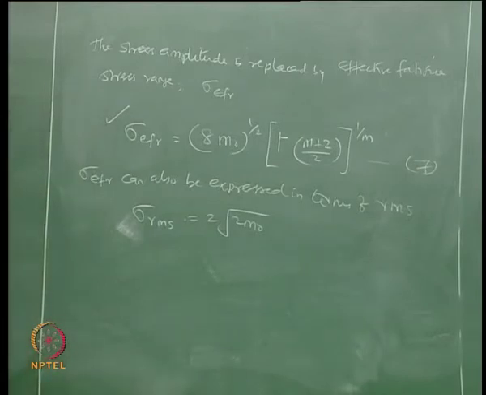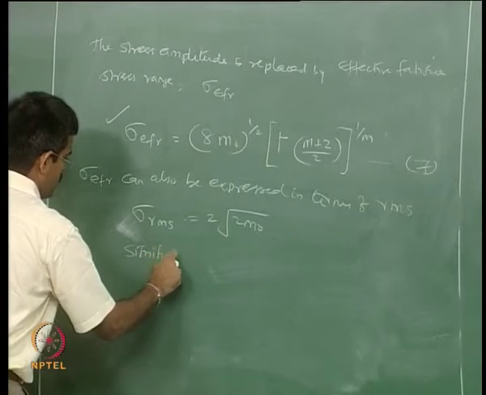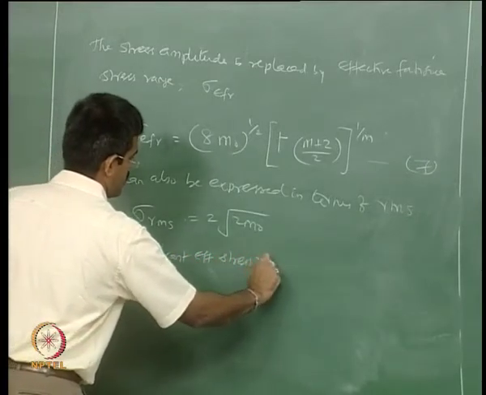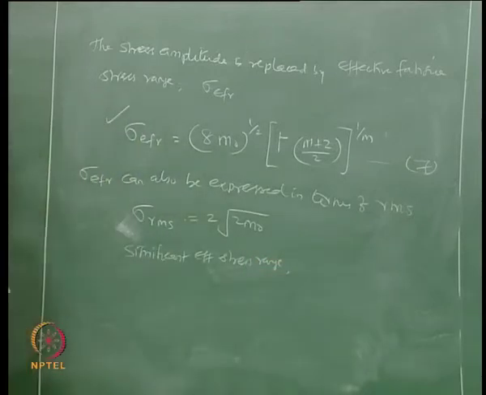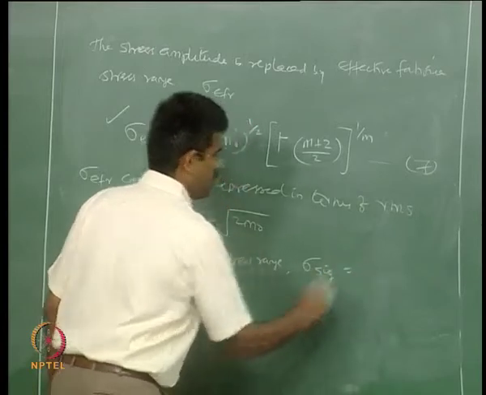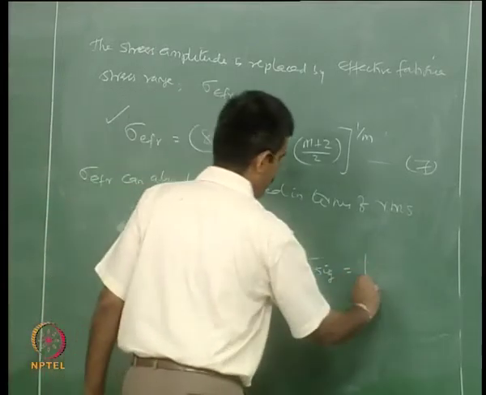So, the significant effective stress range, sigma significant, can be 4 root m naught.